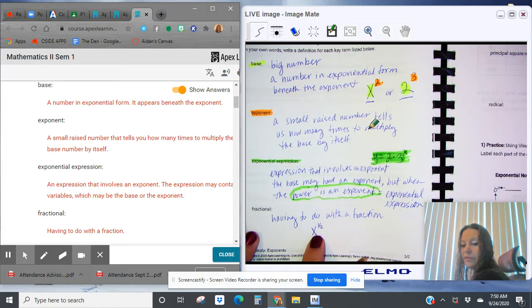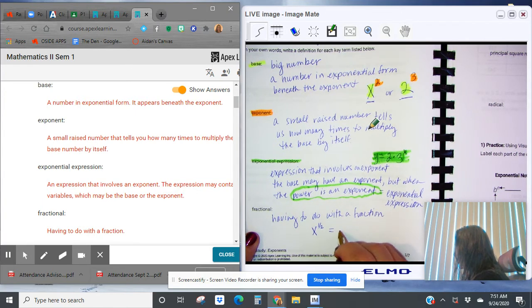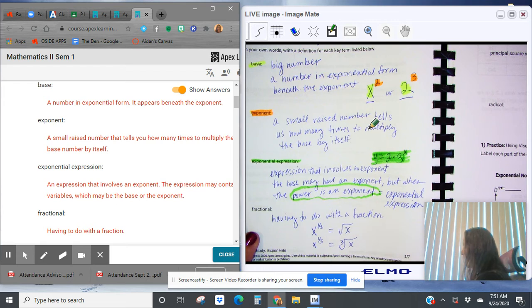And we are going to be converting fractional exponents back and forth into radicals. So x to the power of 1/2 equals the square root of x, or x to the power of 1/3 equals the cube root of x. This is the kind of thing we're going to be talking about this chapter. So a fractional exponent looks like a fraction in the sky, that little number.